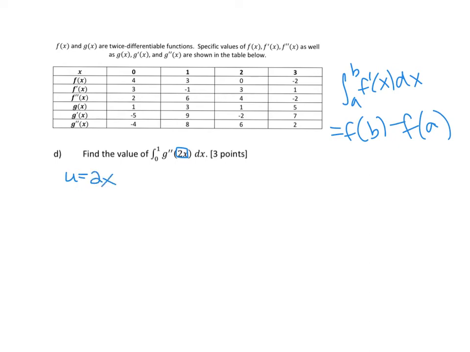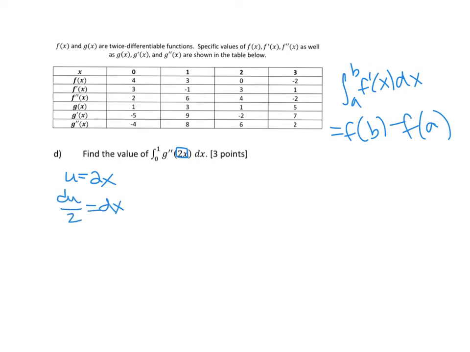And this is a common type of thing for them to do on the AP test. They like to give problems that are somewhat similar to things that you've done, but they generally put in an extra step. So for this one, we're going to do u substitution.